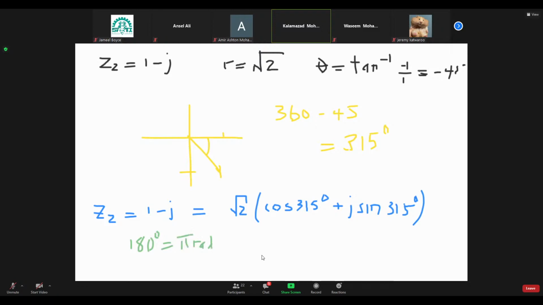So 315 degrees would be pi over 180 multiplied by 315, which is equal to approximately 5.5.